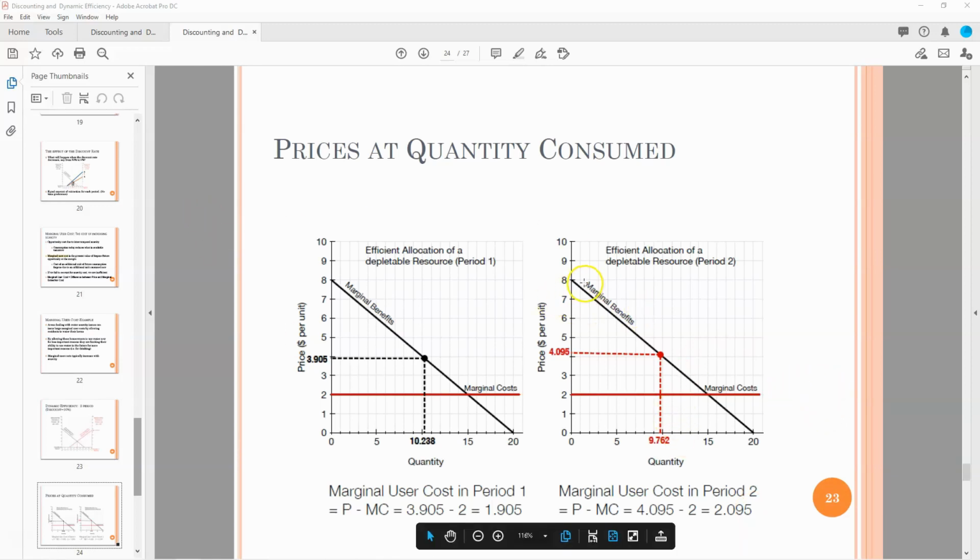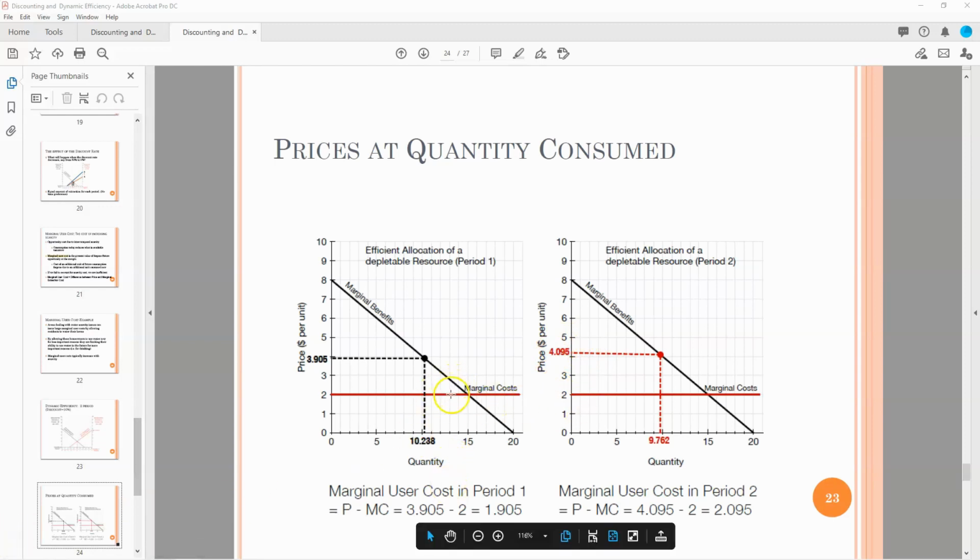So be attentive here. The marginal benefits curve in period 2, when we are calculating the marginal user cost, is exactly the same as the marginal benefits in period 1. So when we are calculating the marginal user cost in both periods, we don't need to think about the present value. We just plug the quantity back into the marginal benefits curve, get the corresponding price, and then take the difference between the price and the marginal cost.